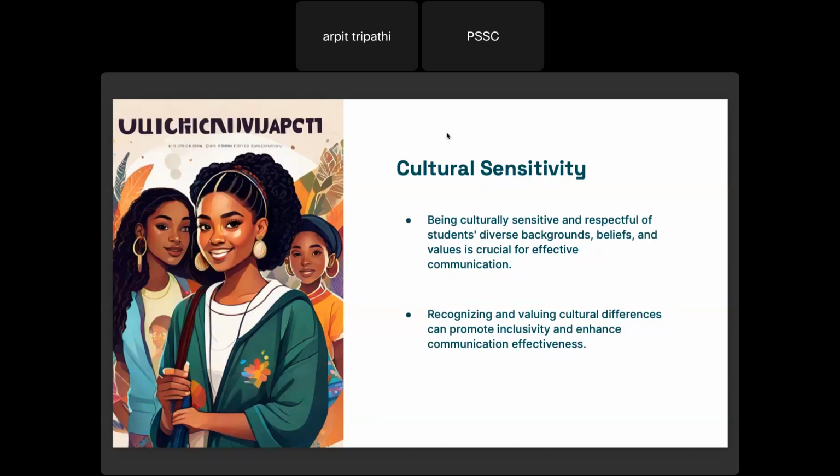Many times it happens inside the classroom that the teacher does not consider the cultural background of the child and says something which leads to conflict situations. So this is something which the teacher must be very, very alert of.